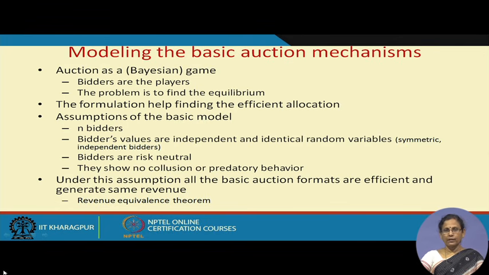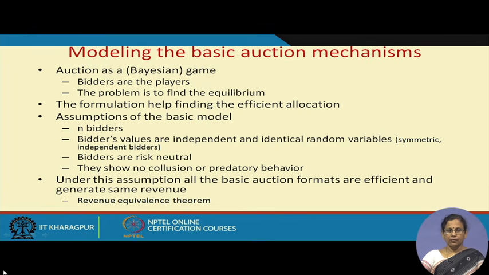In case of risk loving bidders, in an environment where the bidder has to take risk, he will love it. And in case of risk neutral, he is indifferent between taking risk or not taking risk.